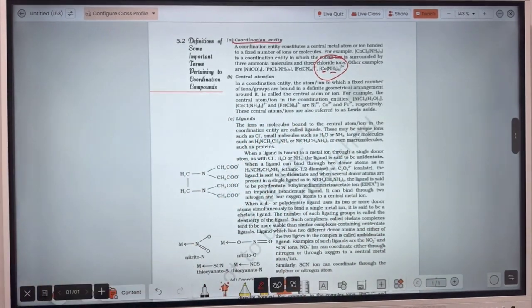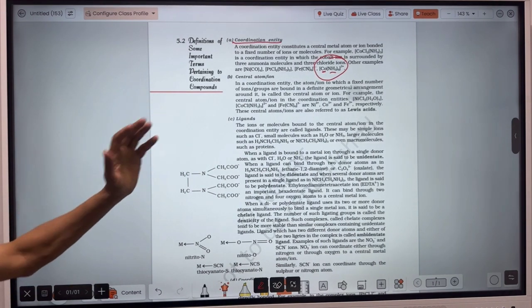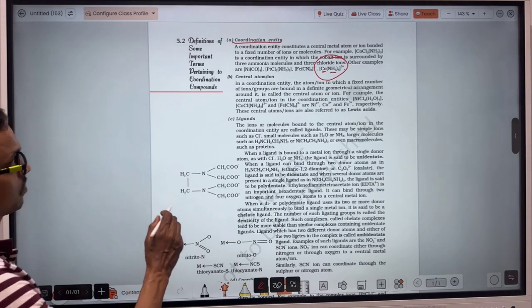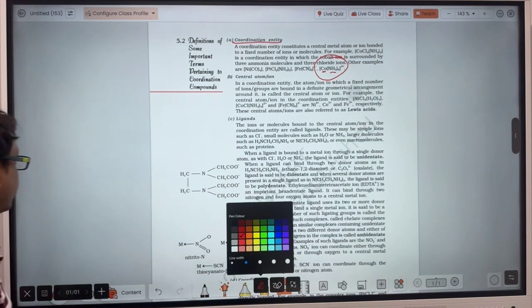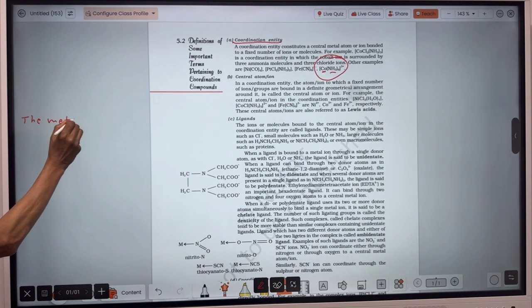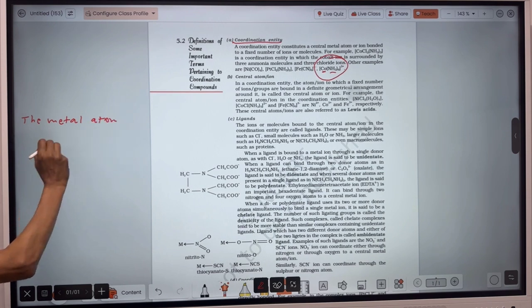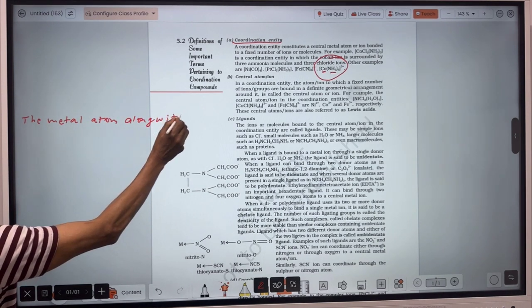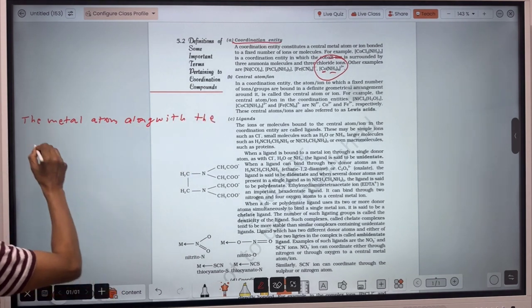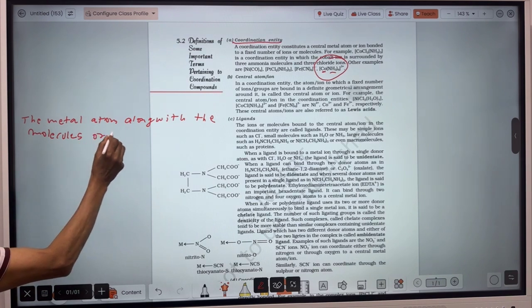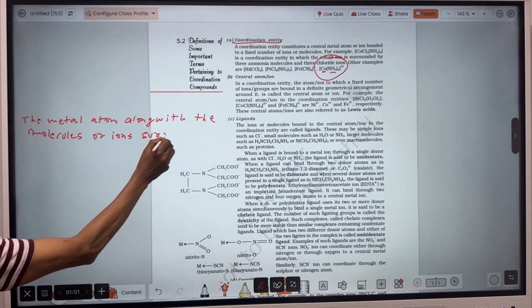Write that a coordination entity is the metal atom along with the molecules or ions surrounding them.